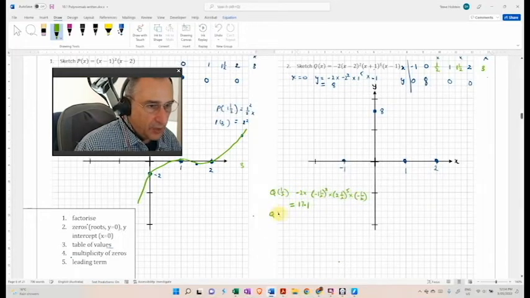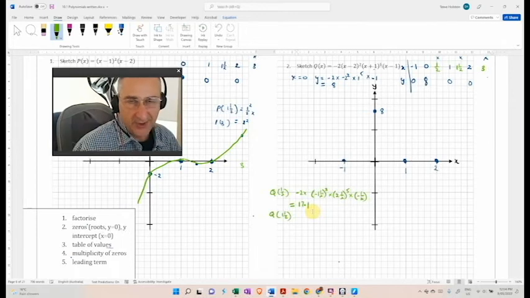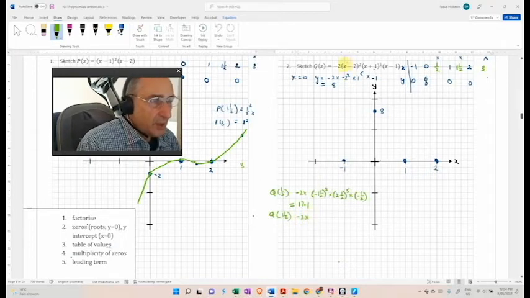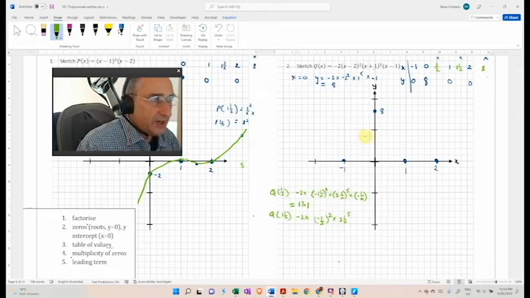Okay, q of 1.5. Again, I put the calculation in Excel, so I'm going to do that very quickly. You can stop the video and try it on your calculator. We've got minus 2 times 1.5 minus 2 is minus a half, all squared, times 2.5 to the fifth, times 1.5 minus 1, that is half.